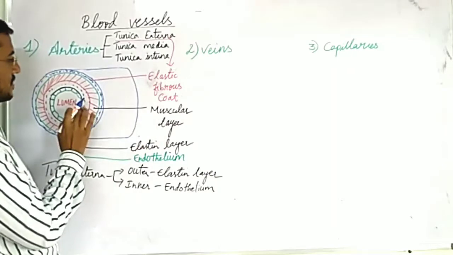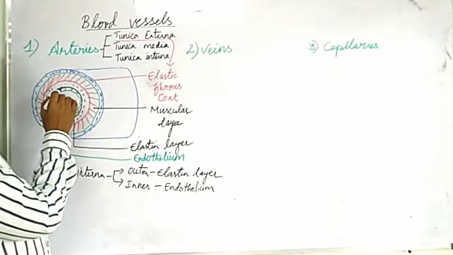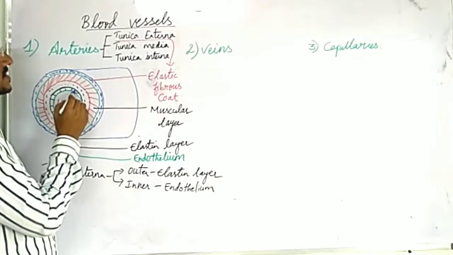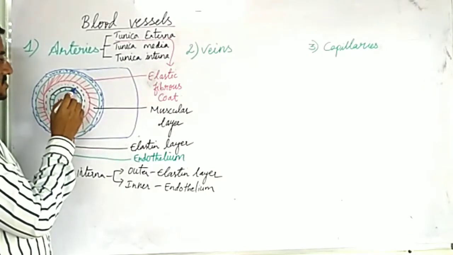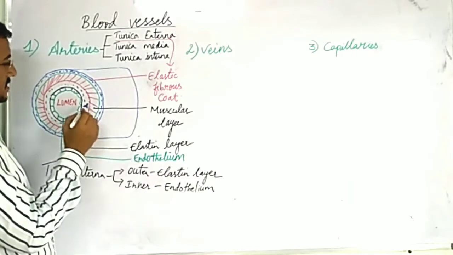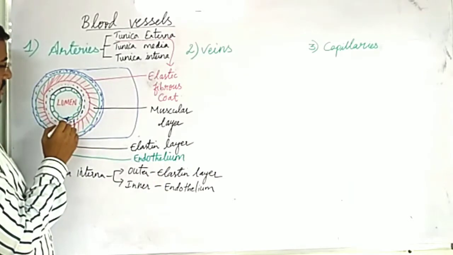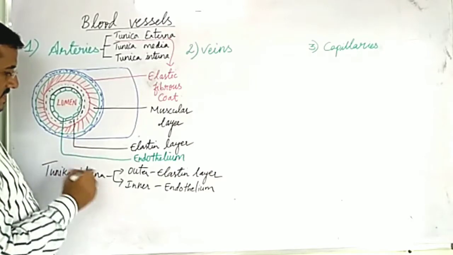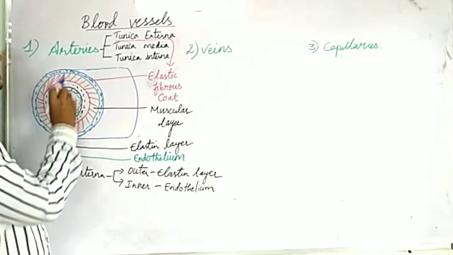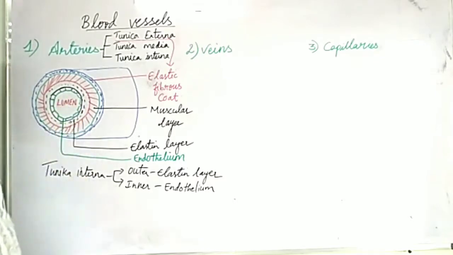It's a muscular layer. And the space which is present here in artery is called lumen.